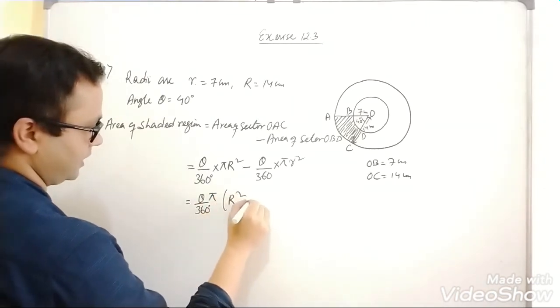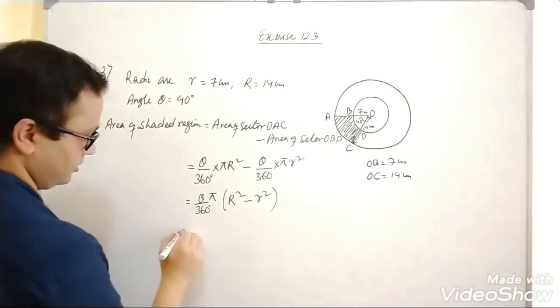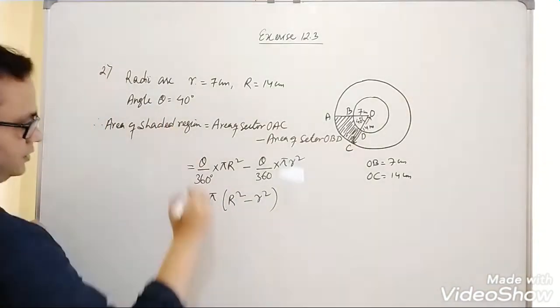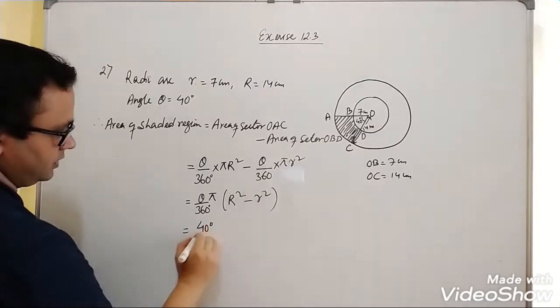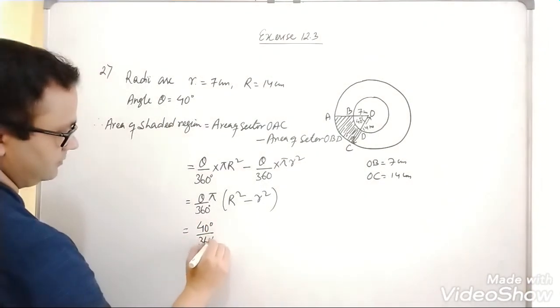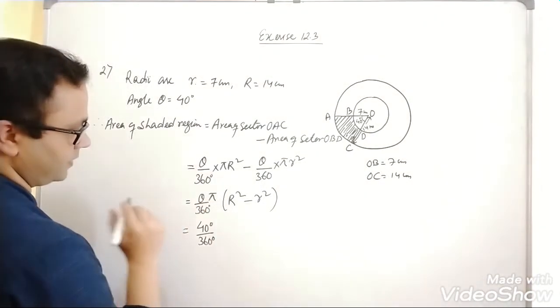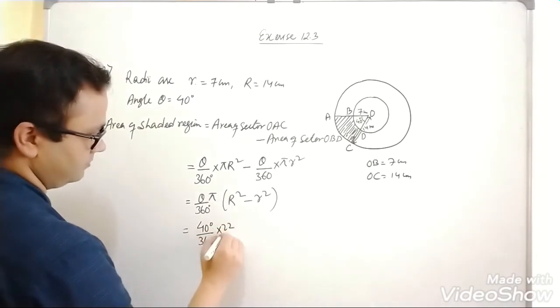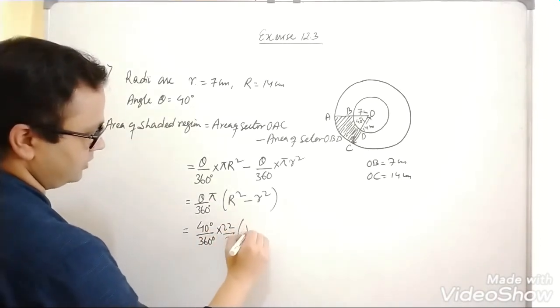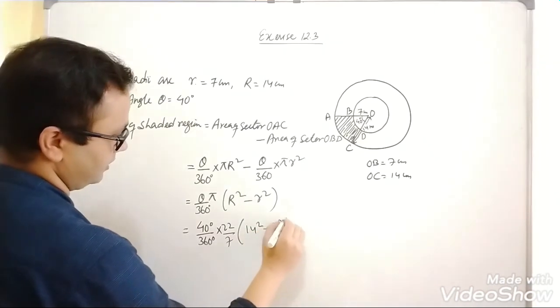Inside the bracket there is R square minus r square. So put the values. Theta is 40 degree divided by 360 degree. Pi is 22/7. R square is 14 square minus 7 square centimeter square.